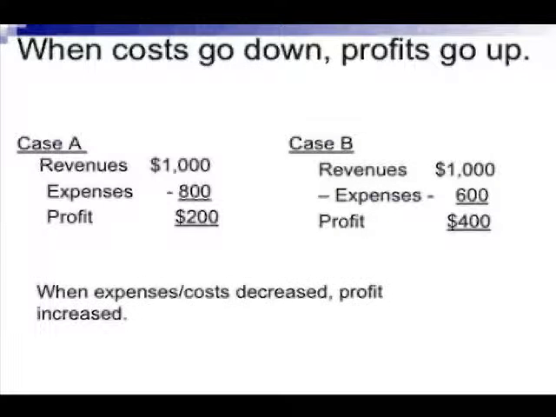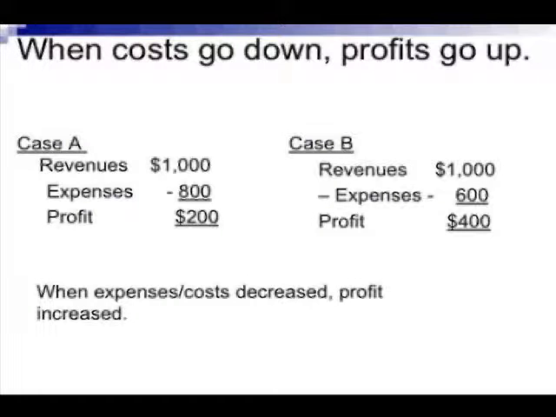Could be that a company says, you know what, we need a decrease in labor charges, so we're going to go to Mexico or India or China, so those labor expenses go down. But do note that revenues have stayed the same. So revenues, ceteris paribus, are constant. Expenses went from $800 to $600, and that leaves us with profit of $400. Notice that as expenses go down, profit goes up, ceteris paribus. We're holding revenues the same.